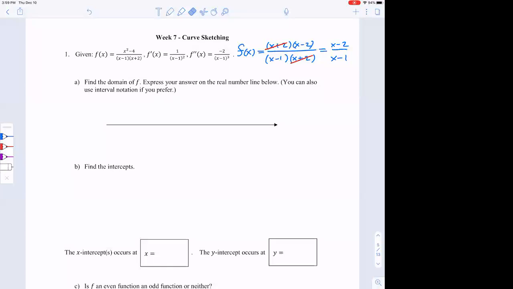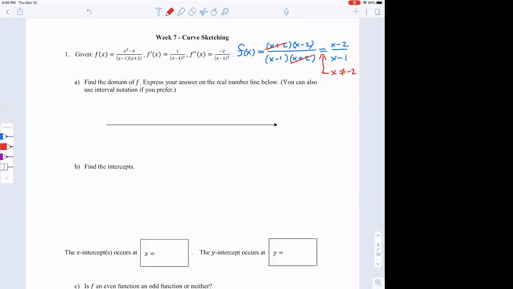But we have to watch out because we made this simplification, and over here, this expression, you are allowed to plug in minus 2. But this expression, you're not allowed to plug in minus 2. So I really want to make that clear in my work that this equality here is for x values that are not equal to minus 2.